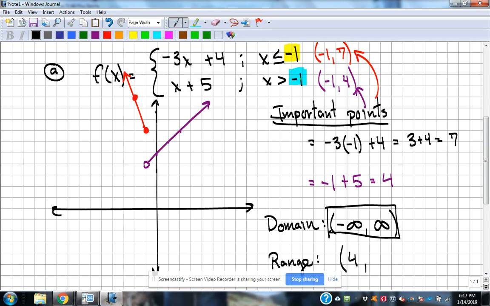Parentheses means it's not. Okay, and then from there, this piece right here just keeps going up. But the red one does too, the one on the left does too. So they both keep going up toward what? Infinity. So my range goes from 4 to infinity.